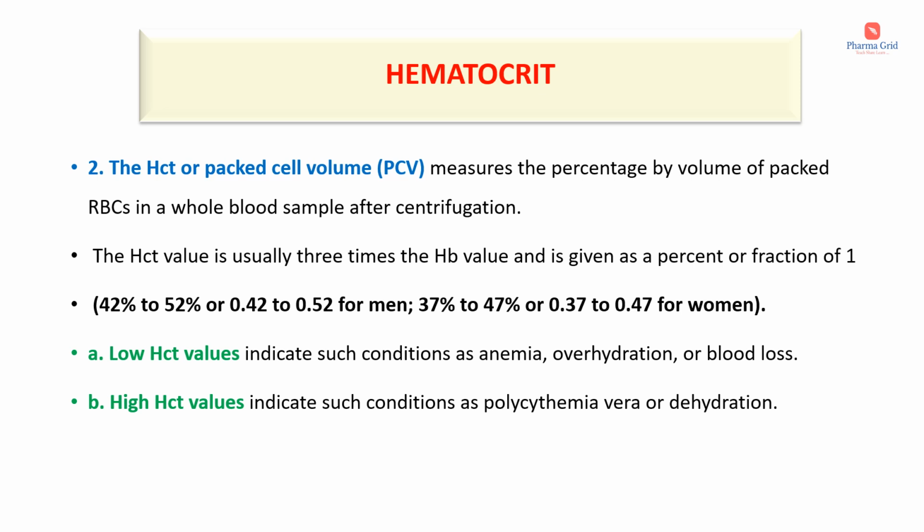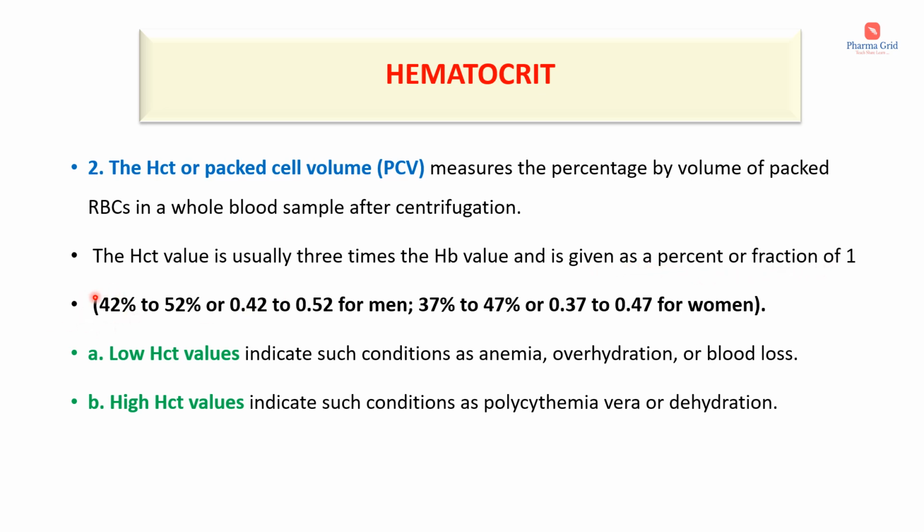Next test is hematocrit, which is also known as packed cell volume or PCV. This test measures the percentage by volume of packed RBCs in a whole blood sample after centrifugation. The hematocrit value is usually 3 times the hemoglobin value and is given as a percent or fraction of 1.